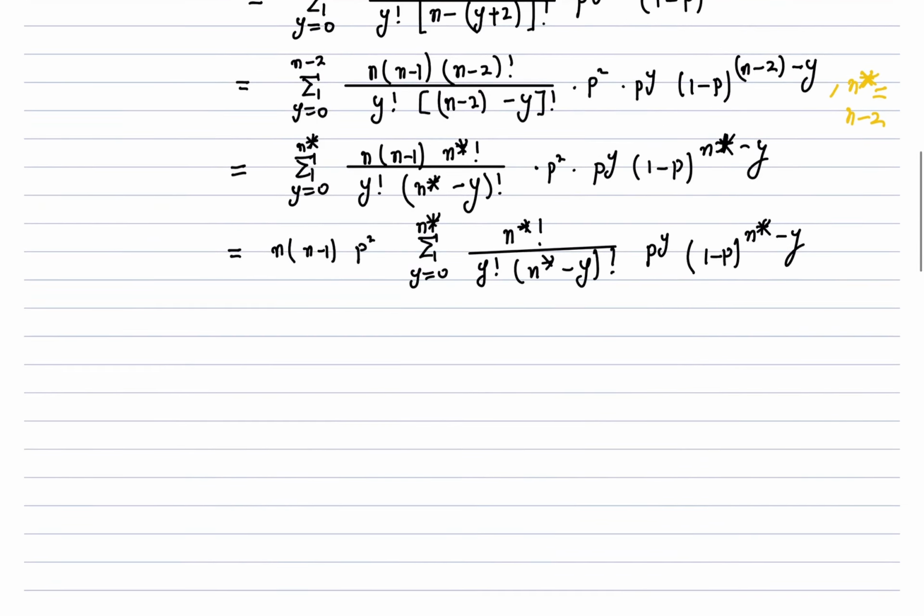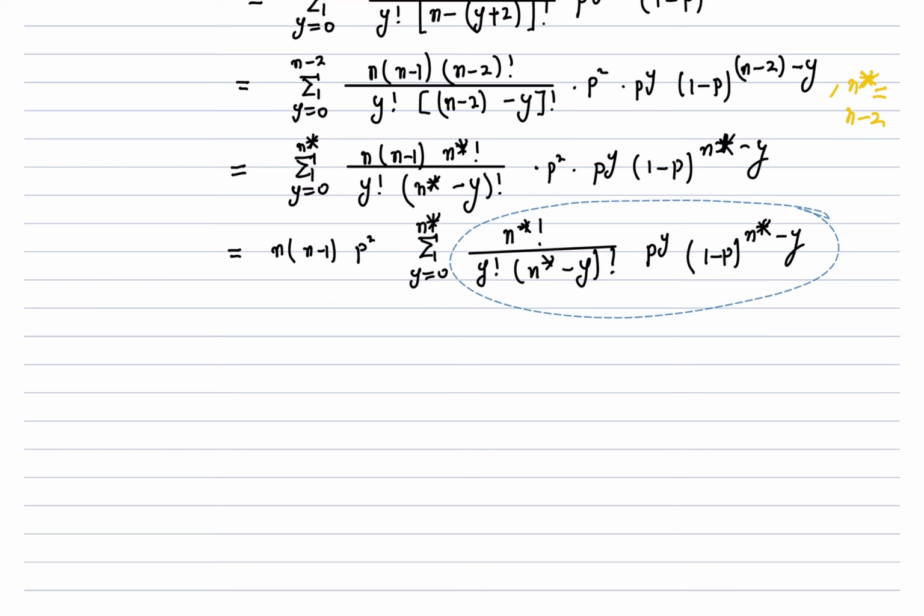And again, we have now discovered a very similar result here, where our binomial expression, or the expression inside the summation, looks very similar to the PMF of a binomial.